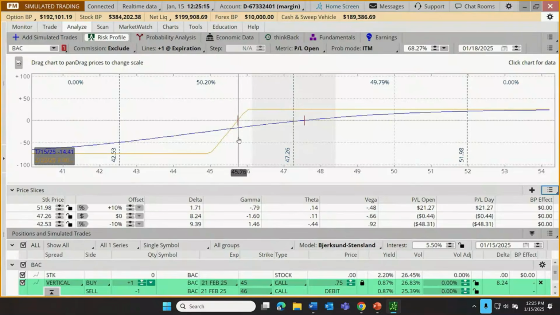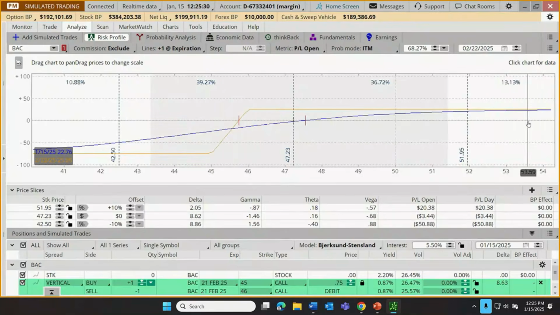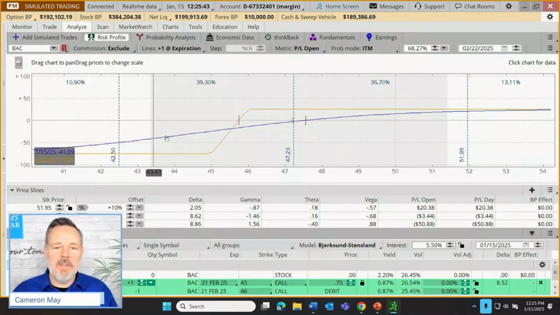Well, what Bob has passed along as a suggestion from another presenter named Brent, maybe we change this date so that it matches our expiration on our contracts. Let me click on this. I'm going to push this out to the 22nd of February. And it's saying now, well, there's about a 68% chance that given another month, obviously the stock can travel further, but there's about a 68% chance that we land somewhere in this range, right?